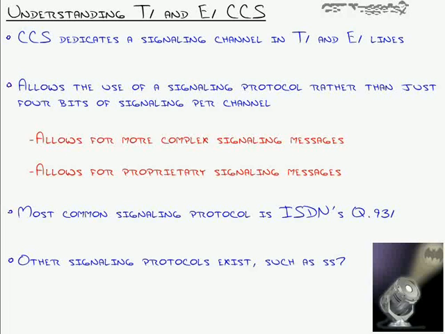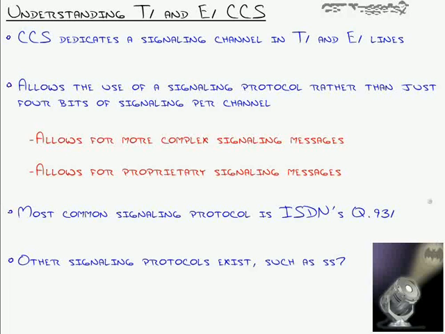Throw that all out the window, because CCS dedicates a signaling channel in both E1 and T1 lines. Now in E1, that's no change, right? Because in E1 CAS, the 17th frame is always signaling. Well, in E1 CCS, guess what? The 17th frame is also signaling. It's just that it's using a signaling protocol rather than just 4 bits per channel.